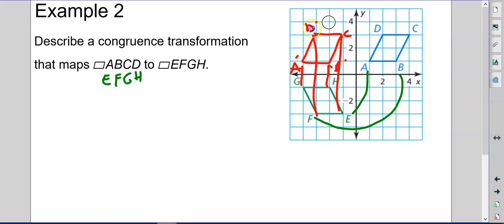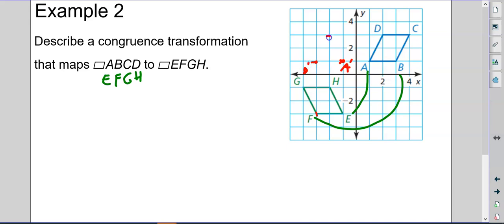I mean, it does work to get the shape overlaying the other shape, yes. But to get it to match up in the correct order does not work. So let's try something else. What if I folded this over the y-axis and reflected it? Well, A is 1 away. Here's A prime. B is 1, 2, 3 away. Here's B prime.